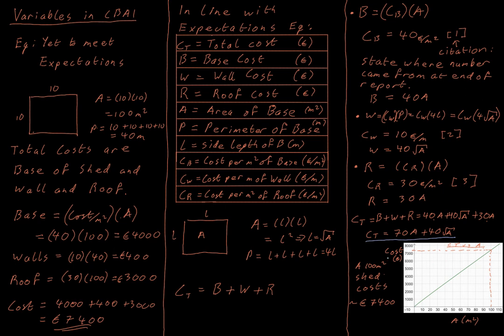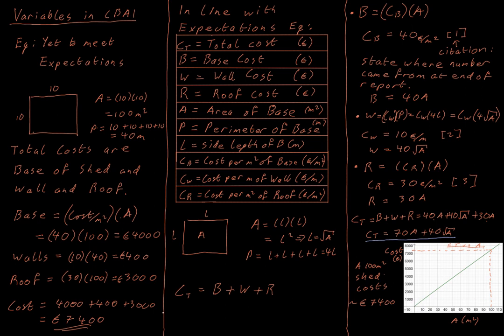So I have my cost labeled on the y-axis. The cost goes up as the area goes up. And this green line that we have here is the relationship between the two. So if I had a 10 meter square shed, it would cost me around €1,000, a little bit under actually, about €800.